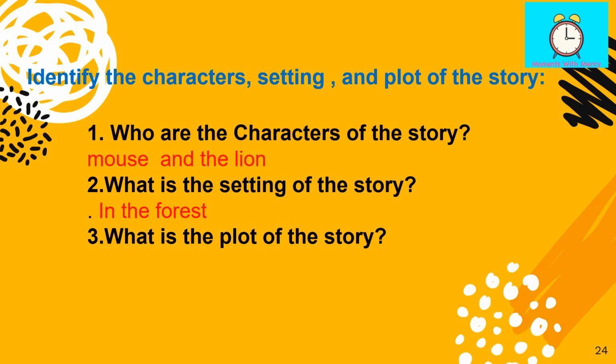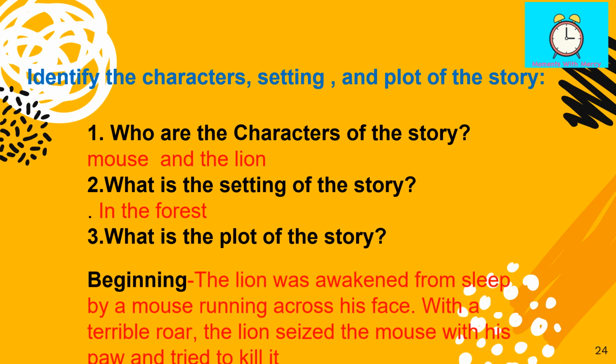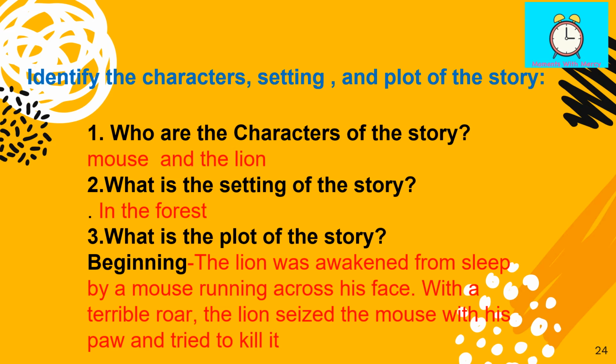But what is the beginning of the plot of the story? For the beginning, the lion was awakened from sleep by a mouse running across his face. With a terrible roar, the lion seized the mouse with his paw and tried to kill it.